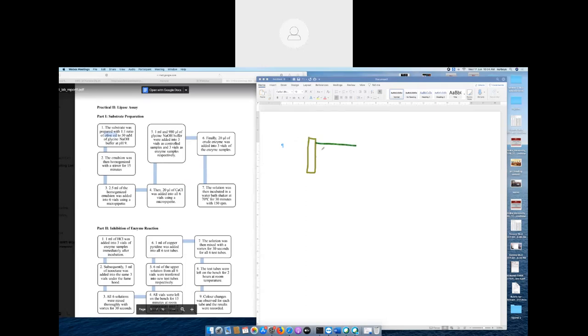Then we have this, oleic acid. If this is carbon 4, maybe it will not be cut by lipase.